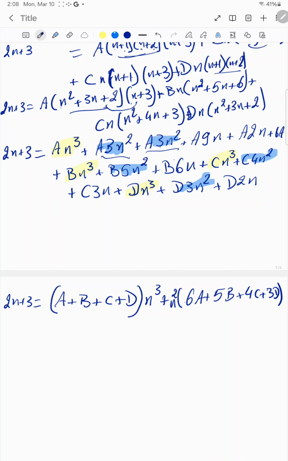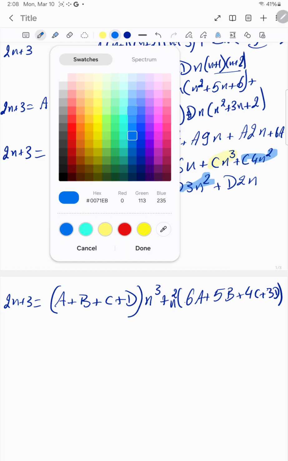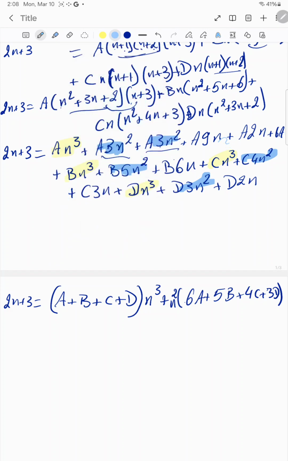Now I want to take the terms with n to the power of 1. Let's take that color. So I have this and this with n. Anyway, 9a, I took this, plus 2a is 11a. 9a plus 2a is 11a.